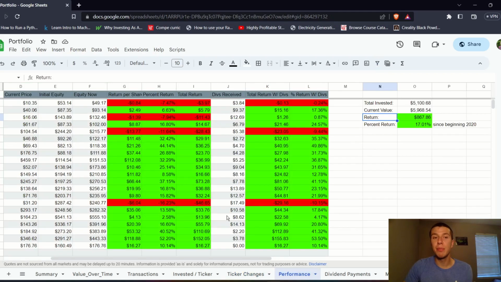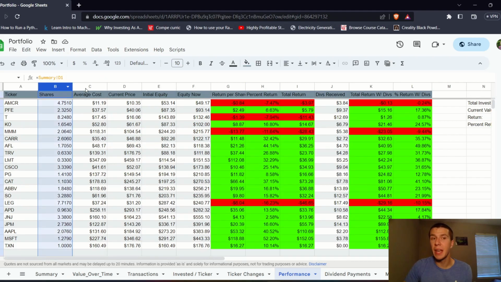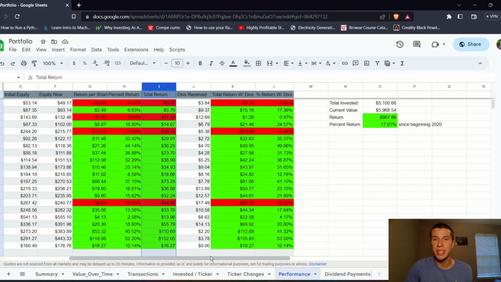And then this is the performance tab, which tracks the actual average cost of my holdings. So I have the shares here with the average cost, and that is compared to the current price. Then this is the return per share in dollar amounts, and then the percent return, and then the total return, which is just this return per share times number of shares. I also factor in the dividends received to give me a total return and percentage including the dividends.